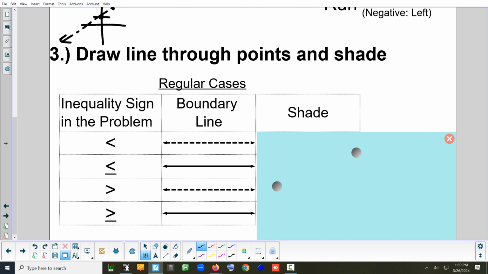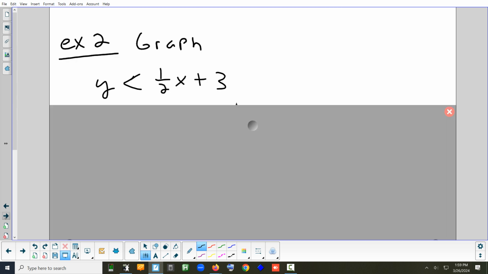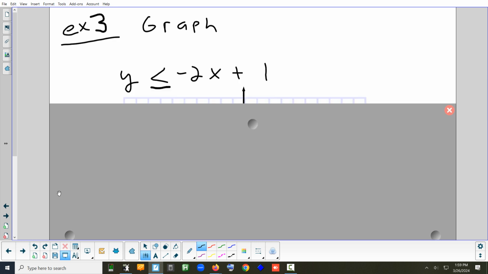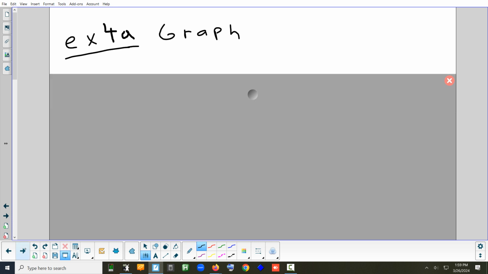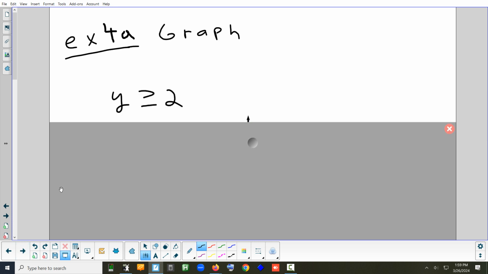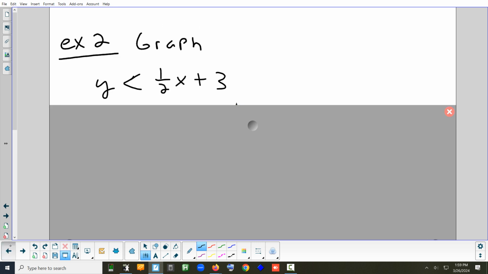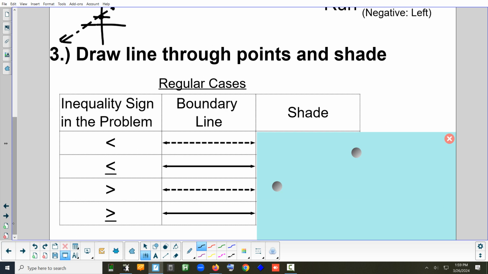When you don't have the equal to in the original problem, you use a dotted line. So you just have to look at the original problem. Okay, so if I just look at this one real quick, is this going to be a solid line or a dotted line? Dotted. Yeah, that's a dot. Would that one be solid or dotted? Solid. That one would be solid. Would that one be solid or dotted? Solid. That would be solid. Yep. So to tell if it's solid or dotted, that's pretty easy.